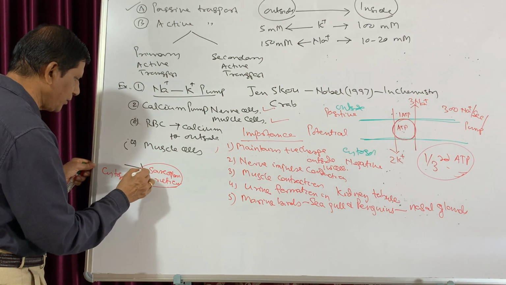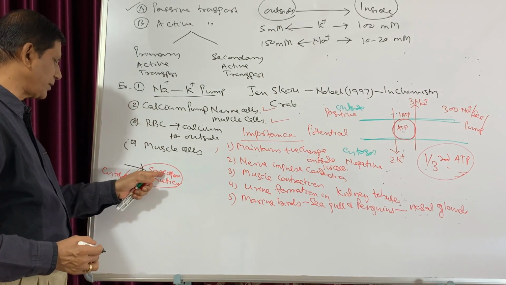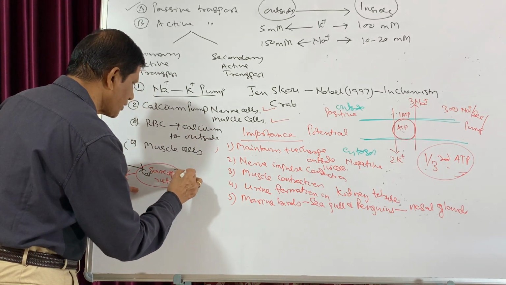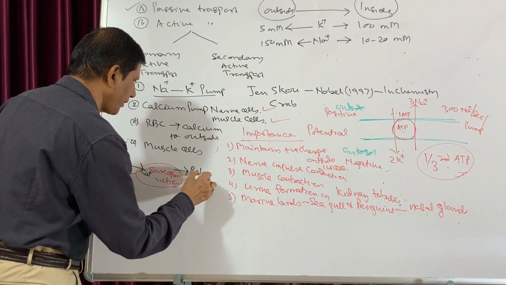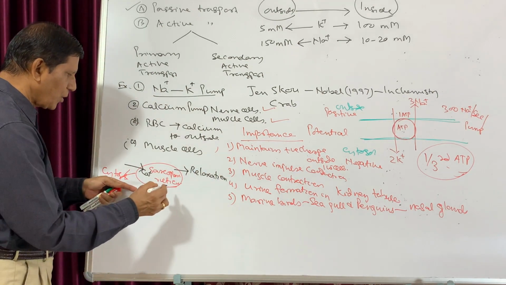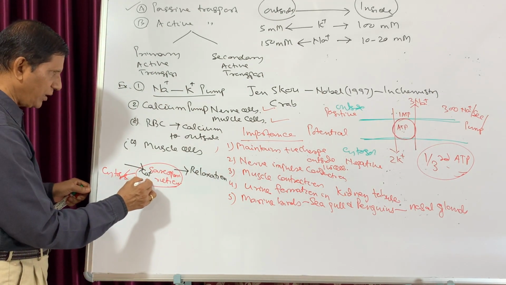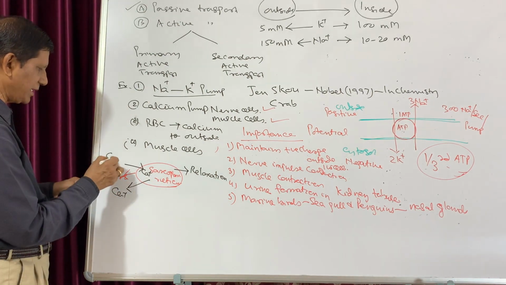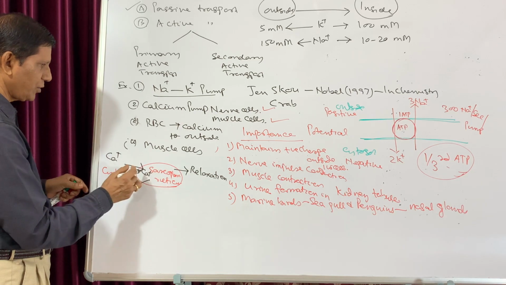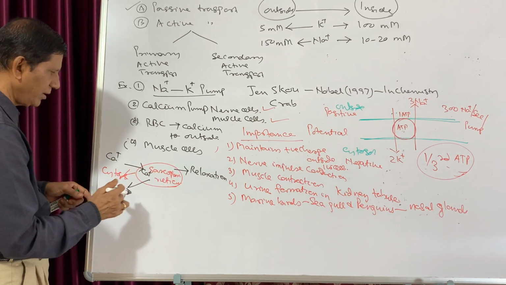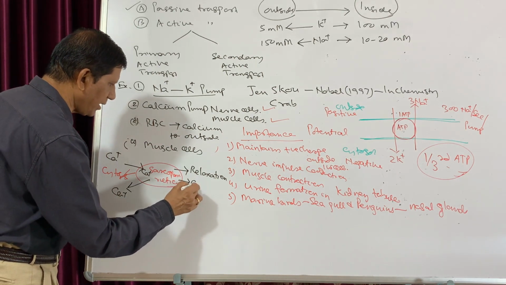Calcium will move into the sarcoplasmic reticulum from the cytosol. This will lead to muscle relaxation. When calcium enters here, it leads to relaxation. When calcium comes out of the sarcoplasmic reticulum, it leads to contraction.